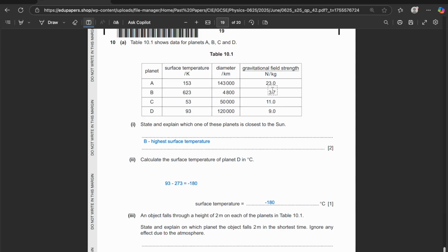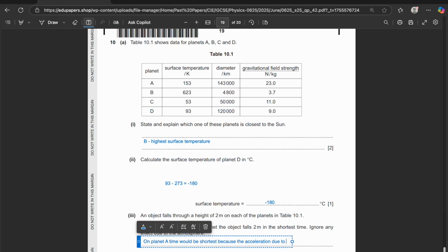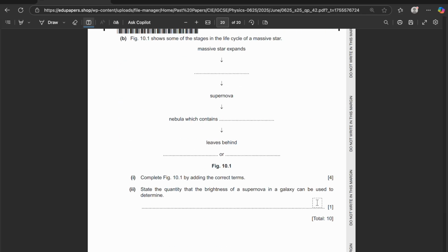Planet A has it. You can write on planet A, time would be shortest because the acceleration due to gravity will be the highest.